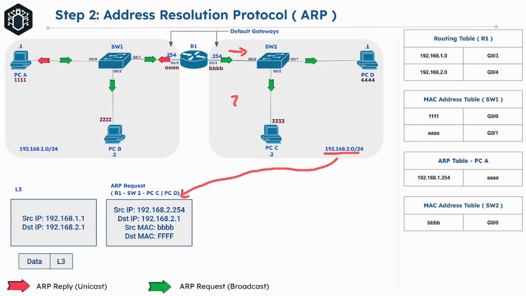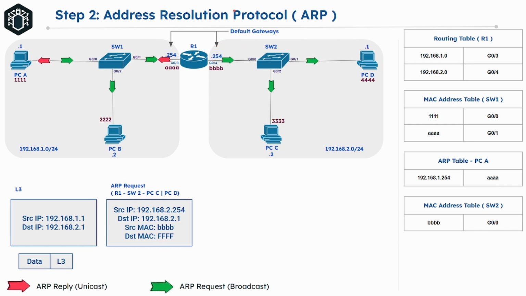The source IP and MAC address of the router are 192.168.2.254 and BBB respectively. The destination MAC is again set to FFFF, which means this is a broadcast message because the router still does not know the MAC address of PCD yet.